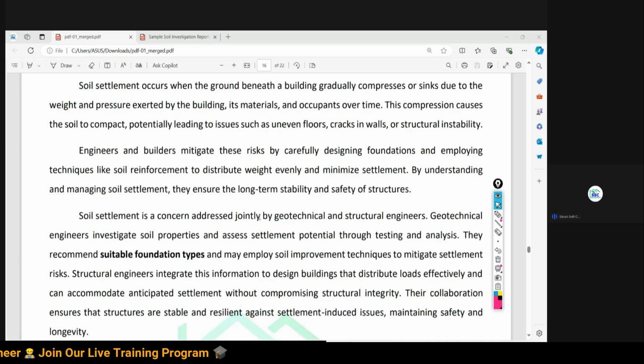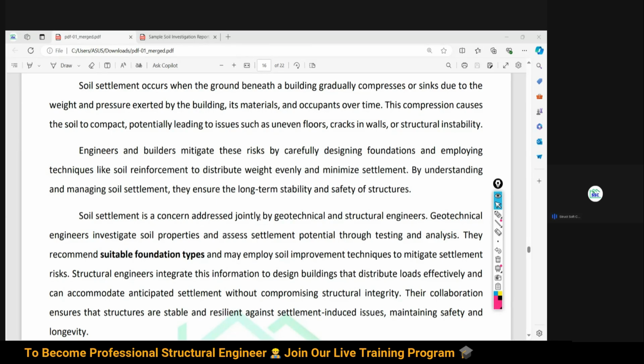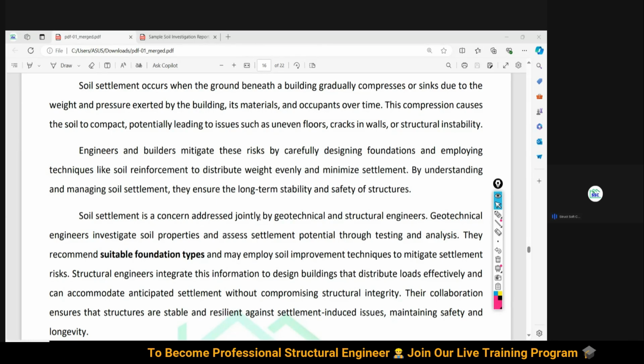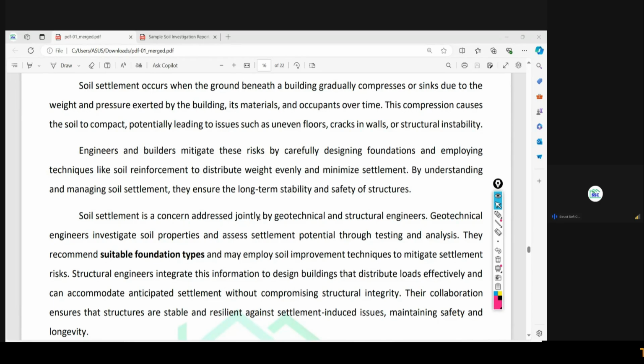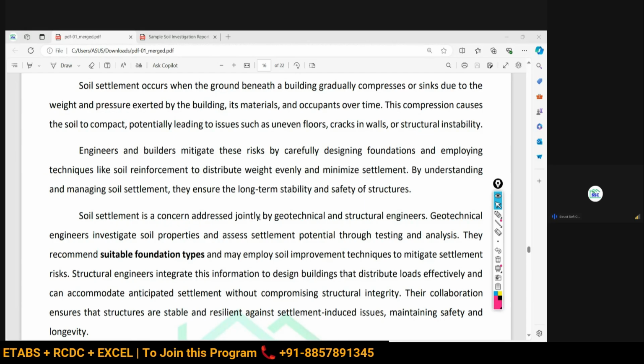That's why we allow this settlement. If the overall response were in our hand, as with other elements like concrete and steel, we would not allow settlement, but that is not in our control. That's why we allow some extent of settlement in the soil mass under the application of loading, but that settlement should be uniform.